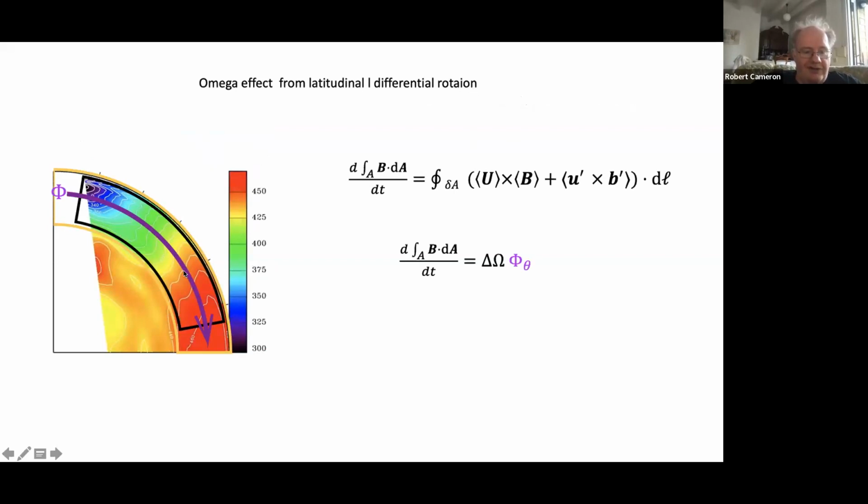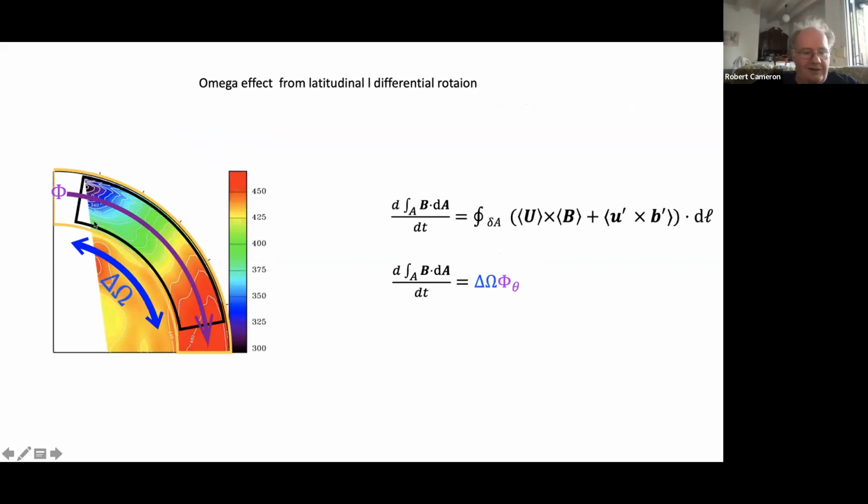And if we chose a contour which didn't cross the tachocline, then we would end up with the flux being generated by the latitudinal differential rotation. And the amount which would be generated is proportional to the amount of flux, and it's proportional to the difference in the differential rotation at this surface, so close to the equator, versus close to the pole.